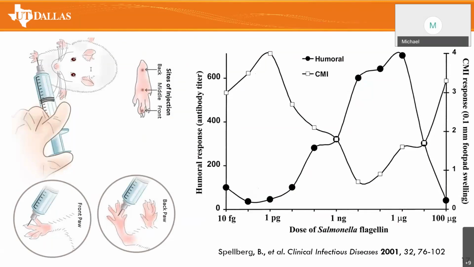So I wonder if the body prefers a Th1 response for bacteria. But maybe, like you're saying, antibodies would be easier or better at clearing the bacteria, so it would be better if we could develop a stronger humoral response against these bacteria.